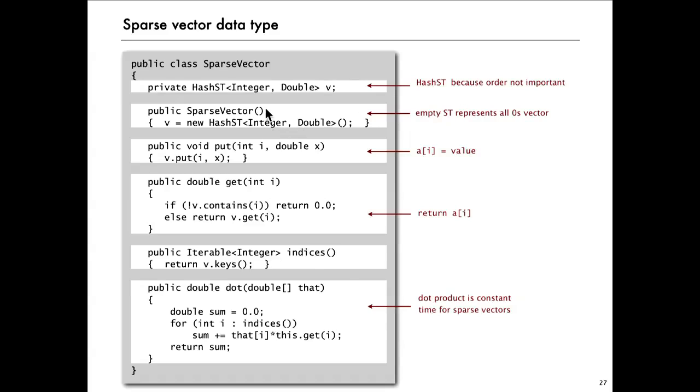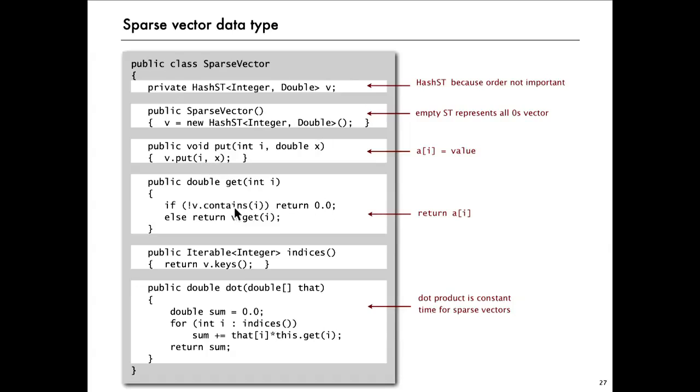The constructor is going to create a new symbol table that associates integer indices with double values. The put, which stores a value associated with an index i, just puts into that hash table: associate key i with value x, an integer with a double.